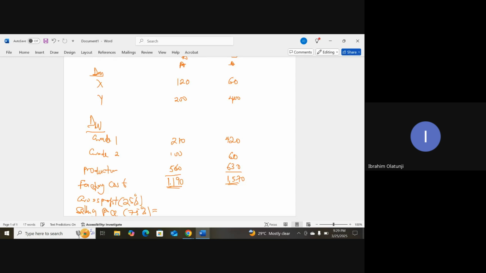Then to get my selling price here, it will be 1,190 divided by 75%. So 1,190 divided by 75% will give me my selling price.